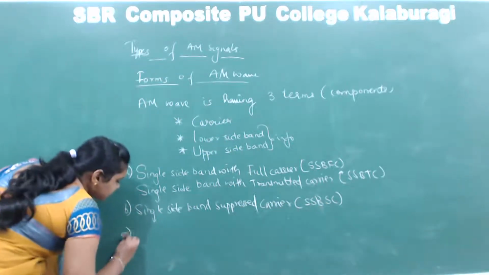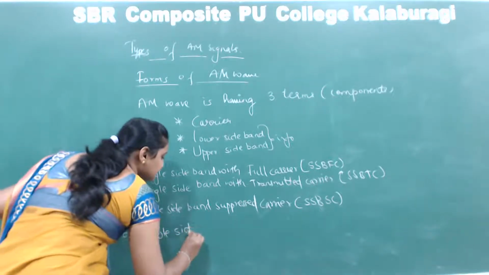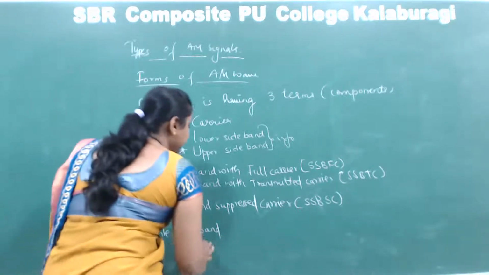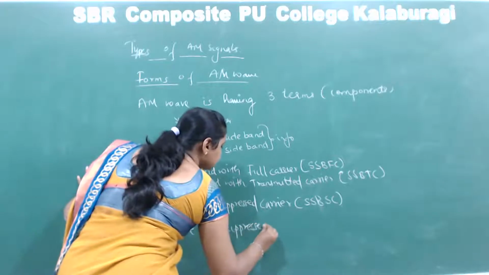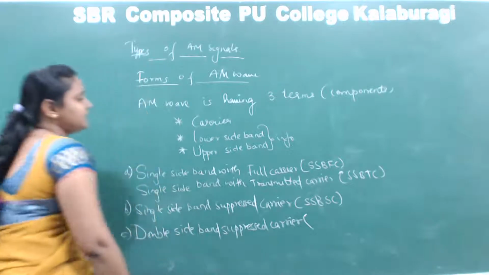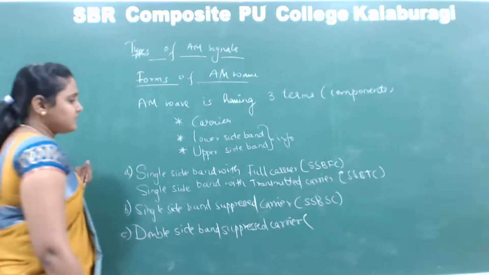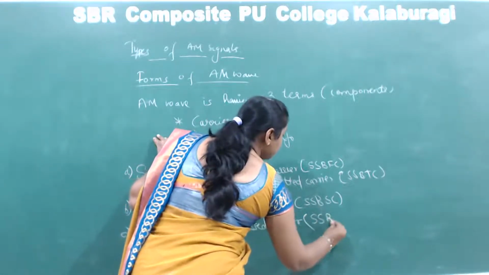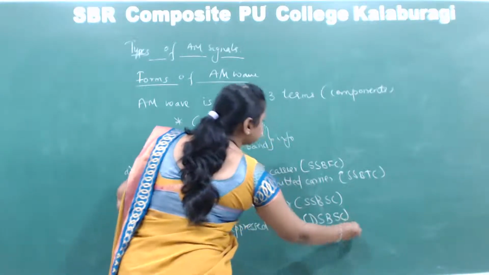The third form is double sideband suppressed carrier, DSBSC. These are just the forms of transmission of the AM wave, just to save the transmission energy, otherwise transmitted power.